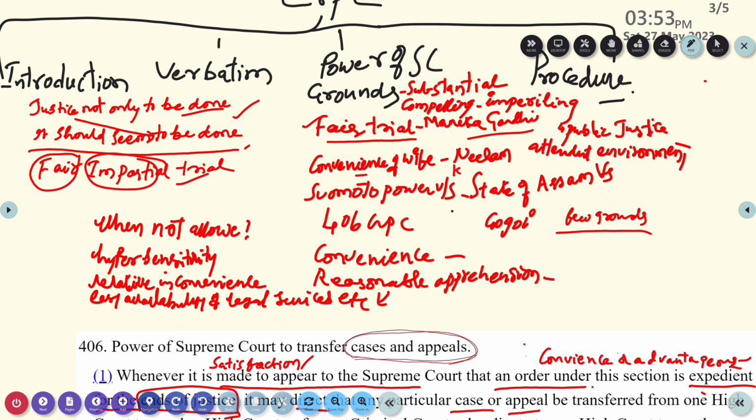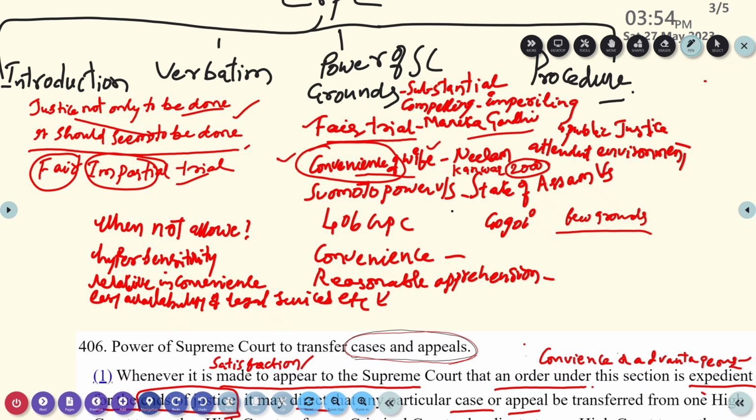Next, convenience. Neelam Kanwar, this is a 2000 judgment. In this case, the convenience of the wife. That means convenience has been given importance. Whose convenience? Either wife or husband. The wife's convenience has been given priority, so that on that ground the petition was transferred to where the wife was residing.